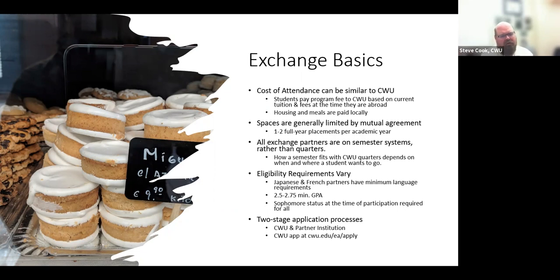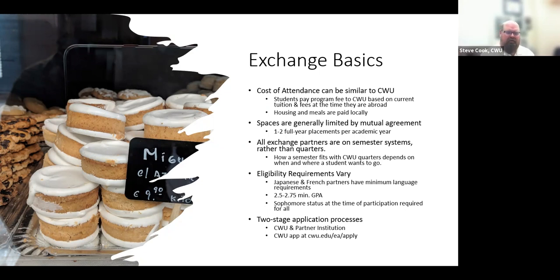Most of the rest of the world is on semester systems rather than quarters. So how a semester fits with CWU quarters depends on when and where the student wants to go. Generally speaking, in some cases, for one semester you would be gone for only one CWU quarter. So in that case, the program fee would be a little bit higher than tuition and fees were you to stay at CWU.